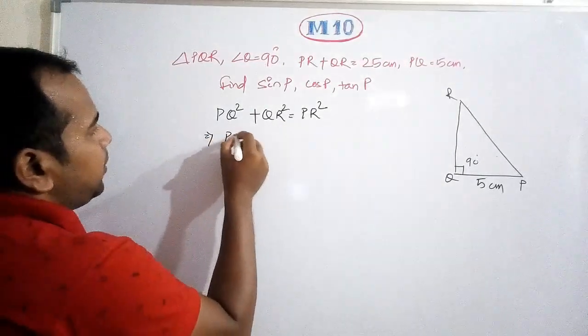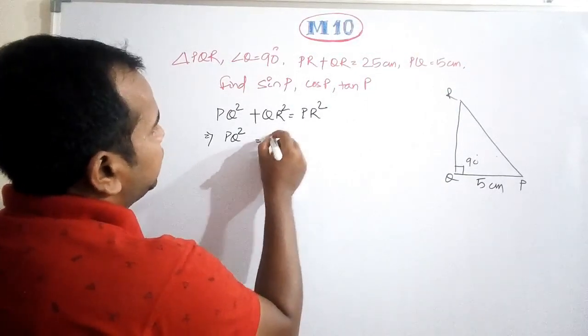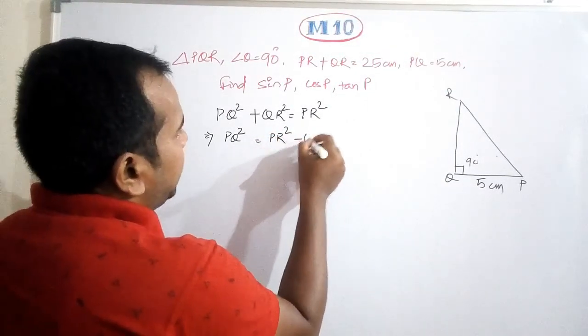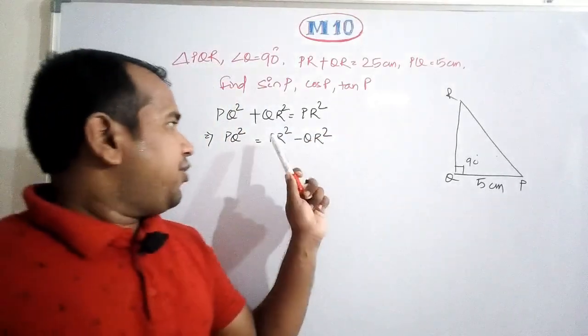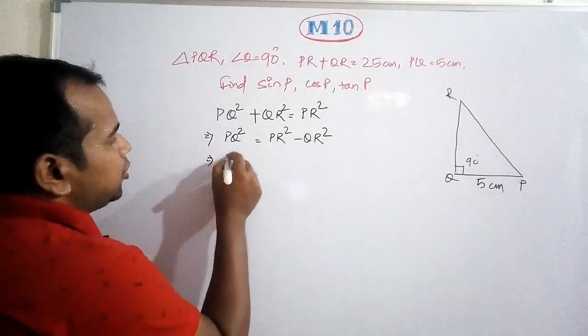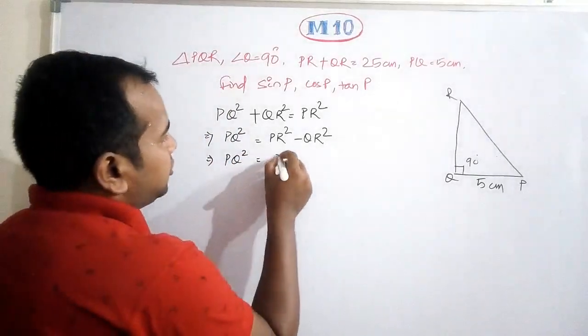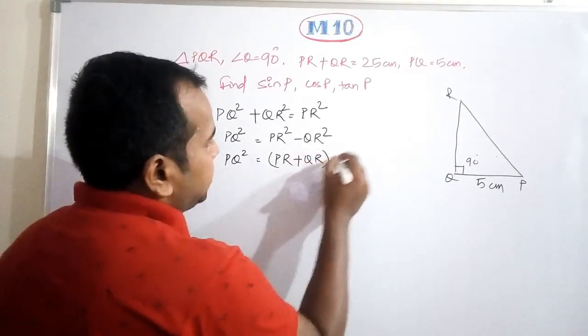You will get PQ square equals PR square minus QR square. Now this is in the form A square minus B square, so PQ square equals, I can write it as A plus B into A minus B.